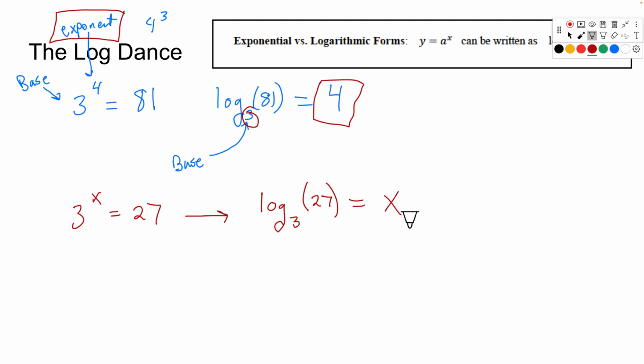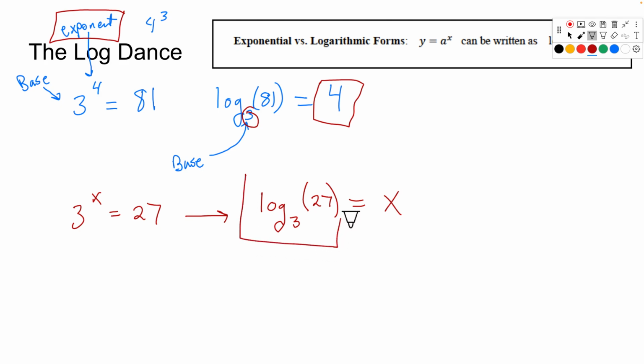We just solved for x. It didn't feel mathy. It felt more like a dance, didn't it? We just reorganize it based on what inverses do. So this is what I call the log dance, how we go about solving logarithmic equations for the most part. So we can solve an exponential by turning it into a logarithm.